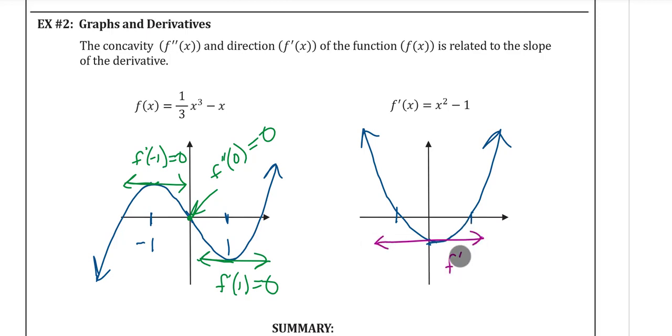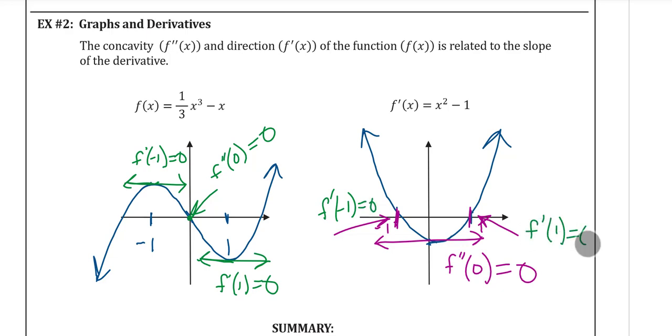So here the second derivative at 0 is in fact 0. And here's -1, here's 1. These are the zeros of the derivative, so they are our relative mins and max on the original function. So f prime of -1 equals 0, and f prime of 1 equals 0.